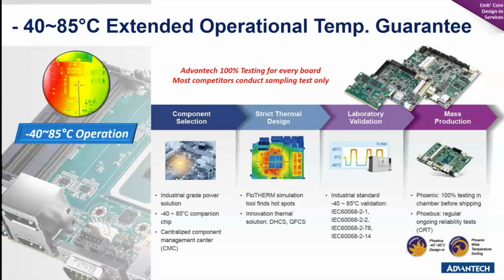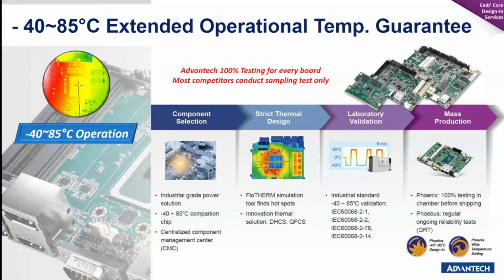So you have to select from there. For example, if I have an I210 chip, I have IT as a postfix, or maybe AT as a postfix. AT is normal temp, IT is for wide temp. So you have to select certain components for wide temp.